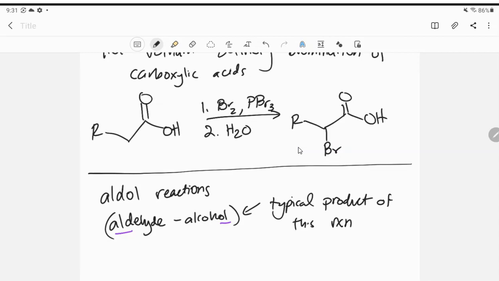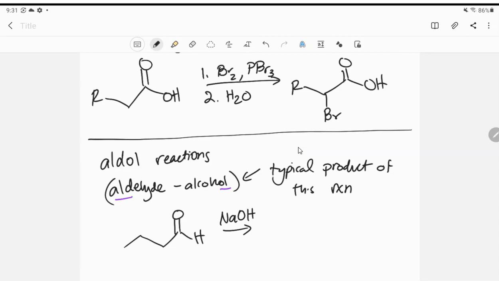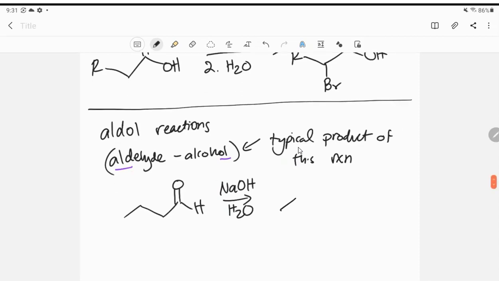And this is essentially a reaction that an aldehyde will undergo with itself in basic conditions. So we're going to see that if we treat an aldehyde in basic conditions, we're going to see something interesting happen.